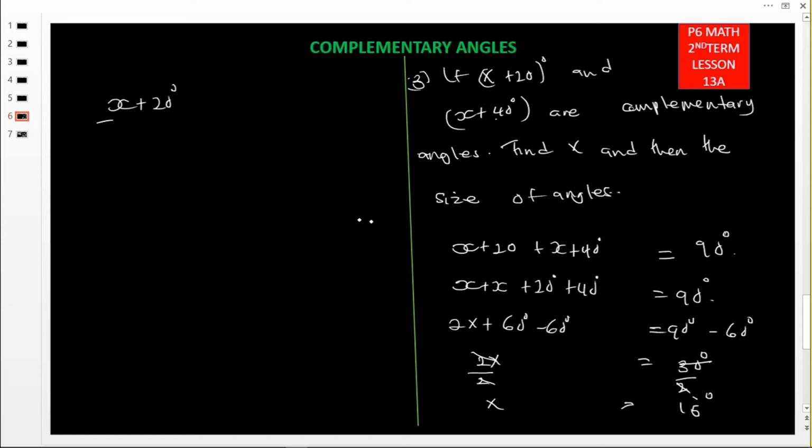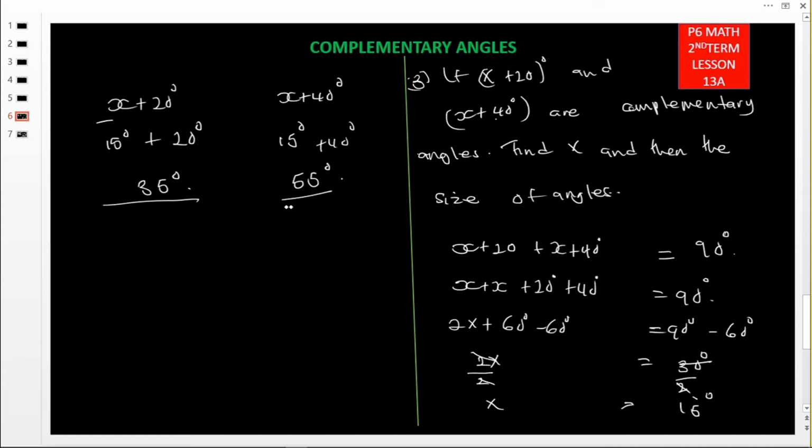Remember the value of x is 15 degrees, plus 20 degrees, which gives us 35 degrees. Another one is x plus 40 degrees. So this is 15 degrees plus 40 degrees, which gives us 55 degrees. So when we add these two angles, they give us 90 degrees. That's the complement of those angles.